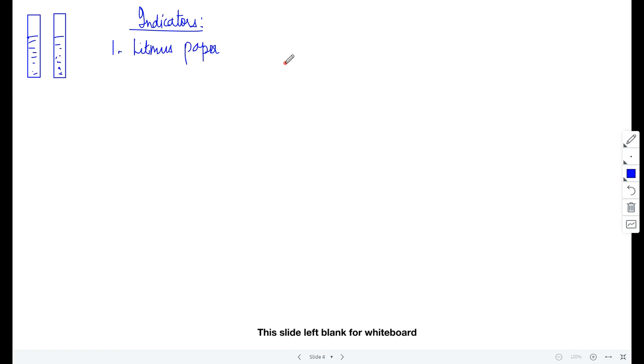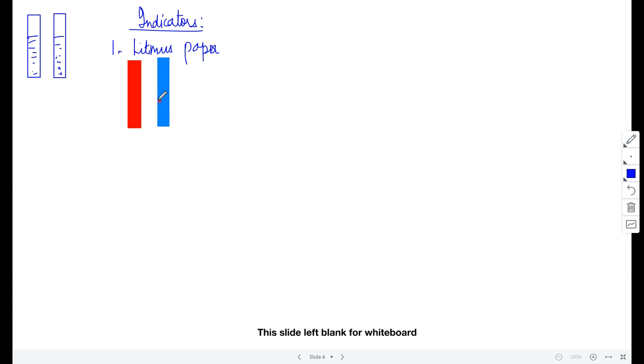What do you know about litmus paper? It's a pH indicator? It's not a pH indicator. What did I say? These are normal indicators only used to distinguish between the acids, alkalis, and the neutral solutions.